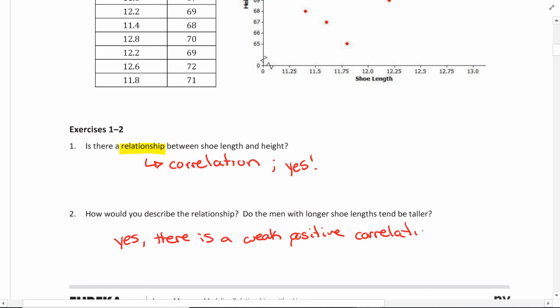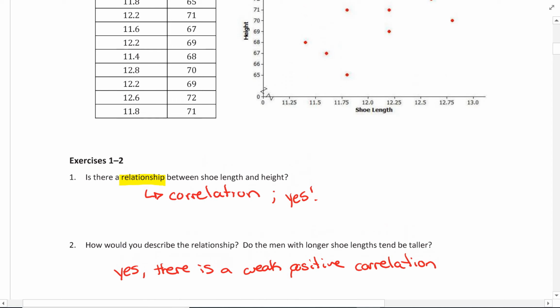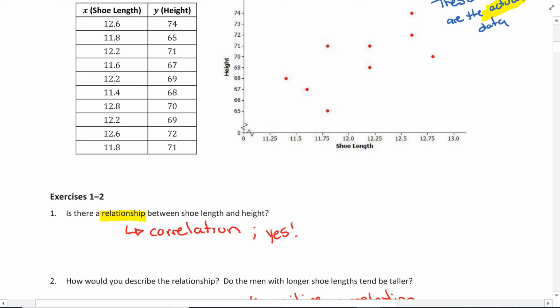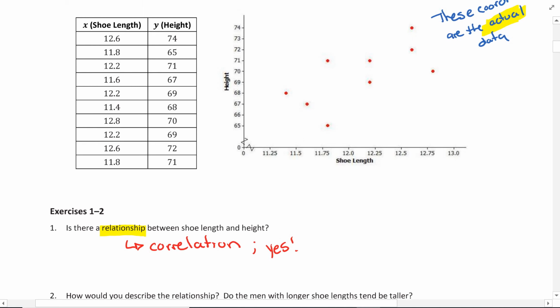If we go back to the last lesson where I taught you the difference between weak, strong, positive, and negative correlations, a weak correlation means the data points are somewhat spread out, but you can still tell that there's a relationship between them. So if we look at these data points, yes, these data points are more spread out. If they were more condensed in a straighter line, we would call that a strong correlation, but the fact that these are kind of spread out, we're going to call this a weak correlation. But again, it is still positive because it's going up. If it was negative, it'd be going down.